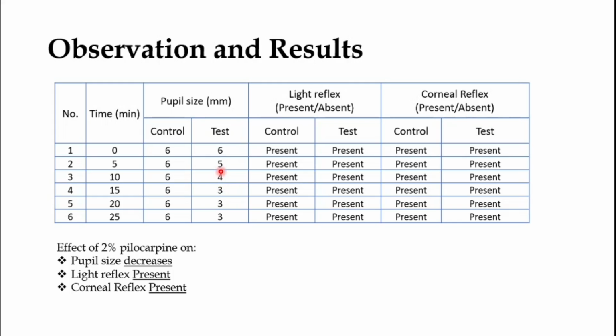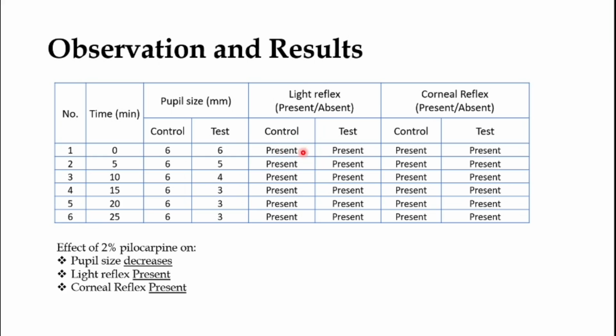So after 5 minutes it becomes 5 millimeter, after 10, 4 millimeter, after 15, 3, so it keeps on reducing. The rabbit pupil size remains constant in the control, but it decreases after the pilocarpine administration from 6 to 3 millimeter.